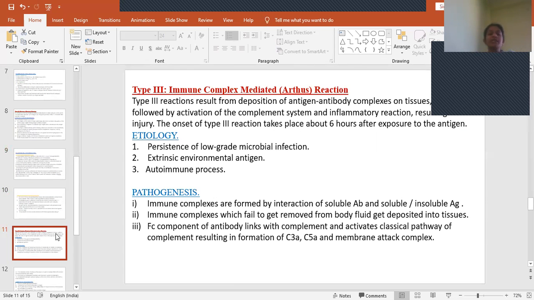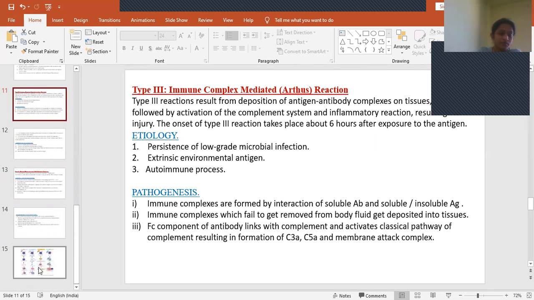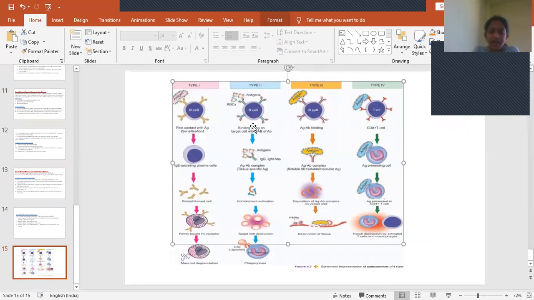And then coming to type 3 immune complex, once again we'll go to this flow chart. When this antigen is there, it gets identified. The B cells identify that and form the Fab form of antibody. Antigens and antibodies together form a complex, the antigen antibody complex.